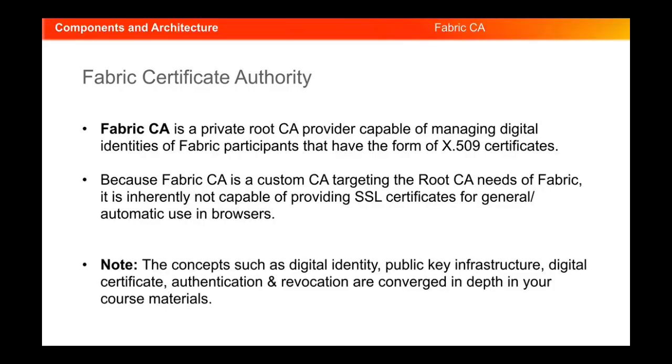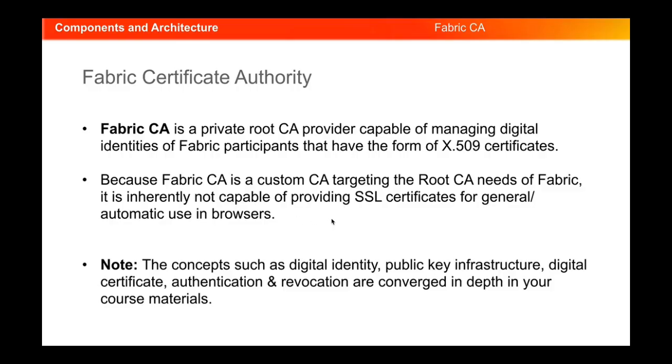When it comes to Fabric Certification Authority, it is a private root certification authority provider capable of managing digital identities of Fabric participants that have the form of X509 certificates. Because Fabric CA is a custom CA targeting the root CA needs of Fabric, it is inherently not capable of providing SSL certificates for general or automatic users in the browser.